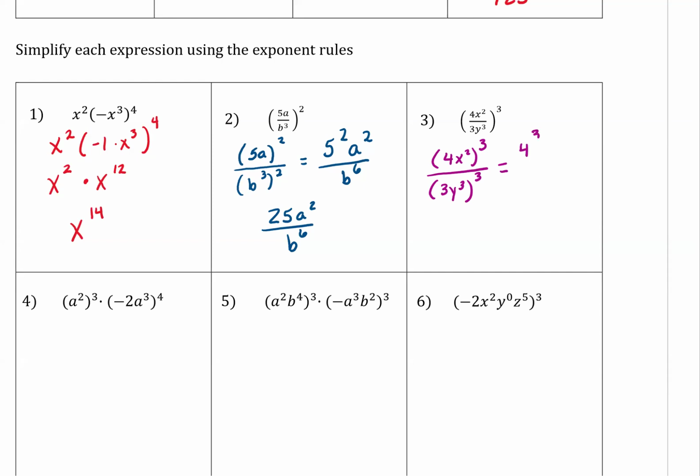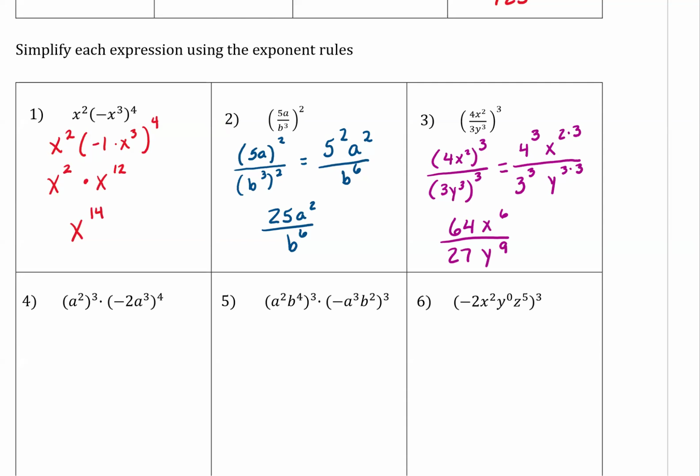So we have 4 cubed, and then we have x squared cubed. So that's going to be 2 times 3. Same in the denominator, 3 cubed y to the 3 times 3. So I have 64 x to the 6th over 27 y to the 9th.